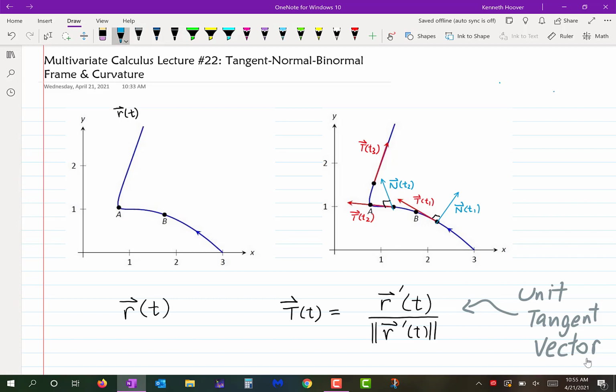And then let's draw the normal vector at the 3rd point. Here, it might have twisted around even more, and now it might be pointing like this. Maybe even like that. Okay? This would be capital N at the point T3.